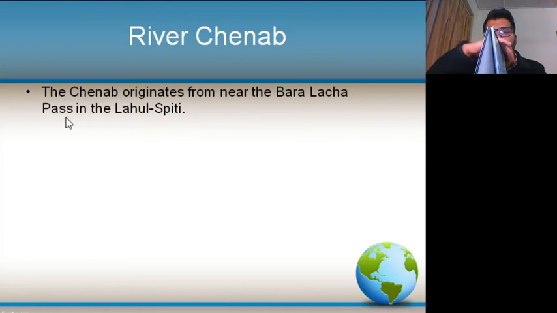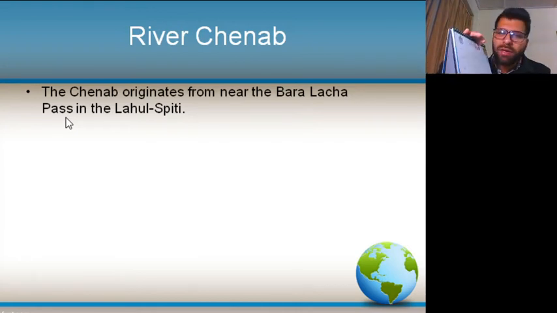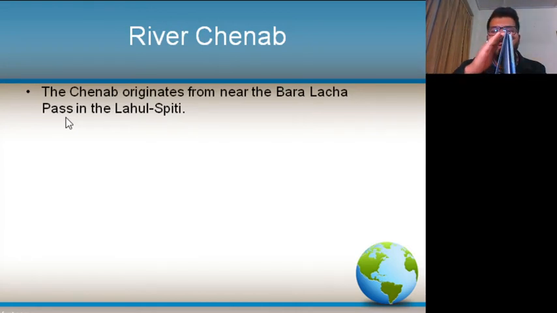From this, the whole upper part and the peak of Bara Lacha La remains covered with snow, and this snow melts toward both directions. Toward both directions, the melting snow contributes to the formation of small lakes, and these lakes are called Chandra and Bhaga.